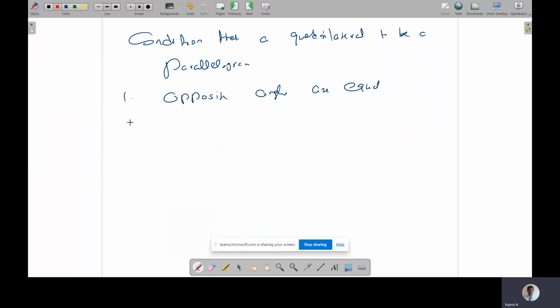And second one, opposite sides are equal. Third one, opposite sides are parallel.